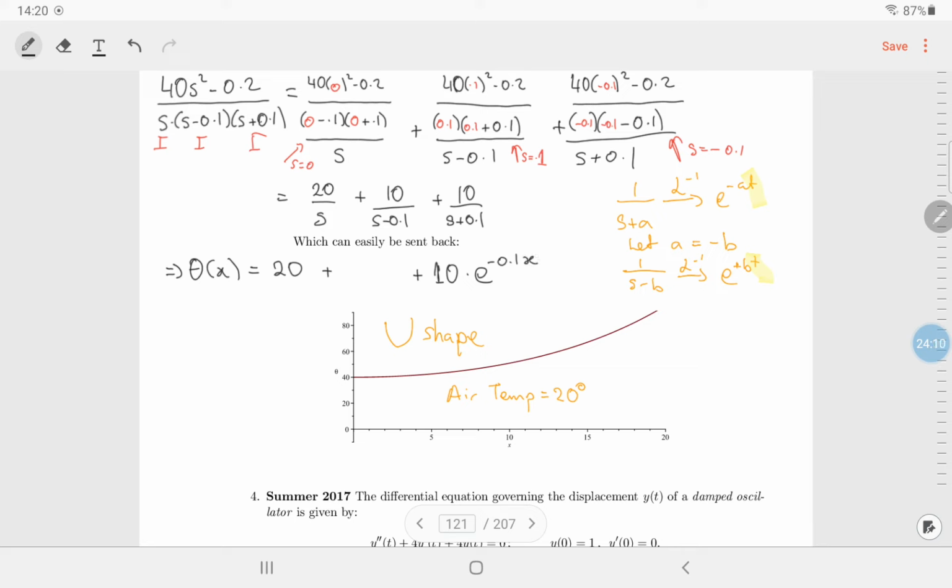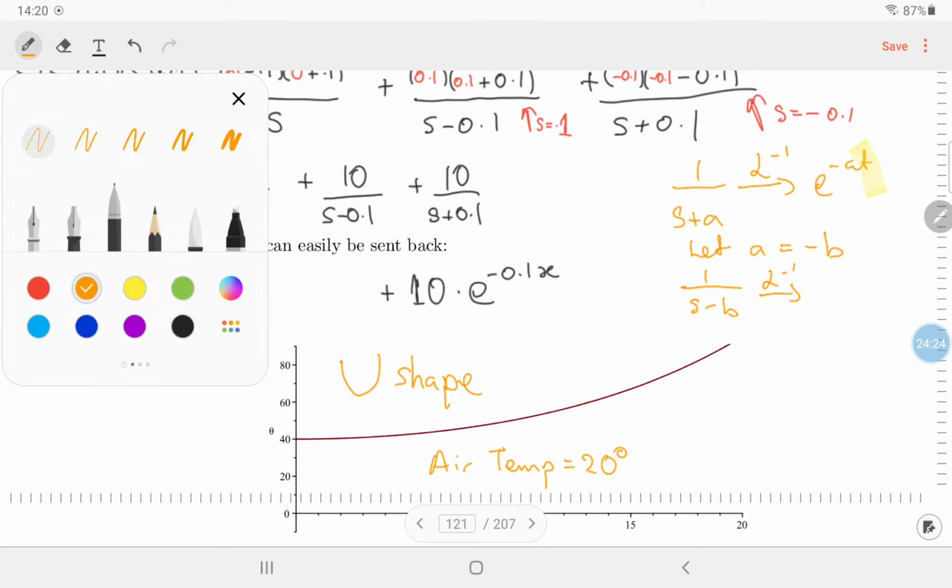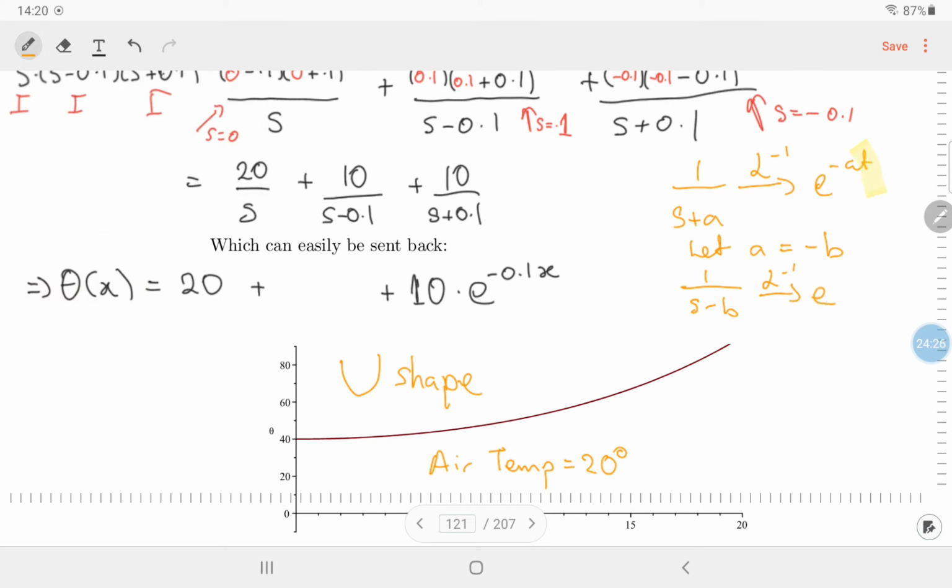Now, the other one with the negative, if you basically take the 1 over s plus a form and write a to the minus b, what will happen? Well, you'll have, let me write this again. Maybe we'll just have space to get it right. So you'll have 1 over s plus minus b goes back to, inverse Laplace transform, e to the minus b t.